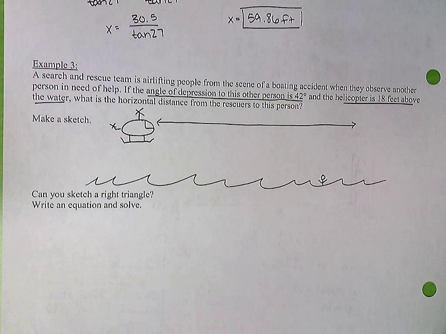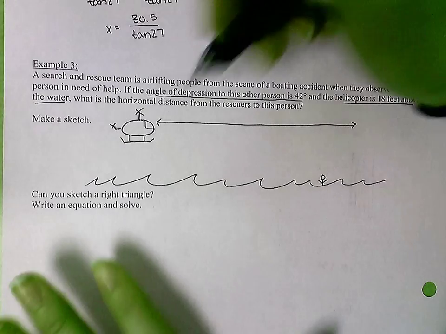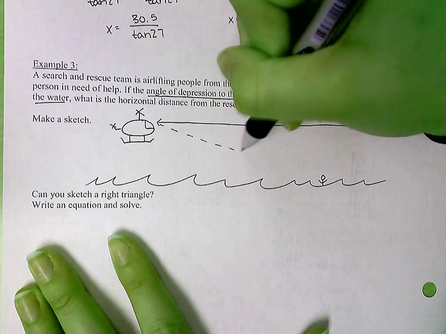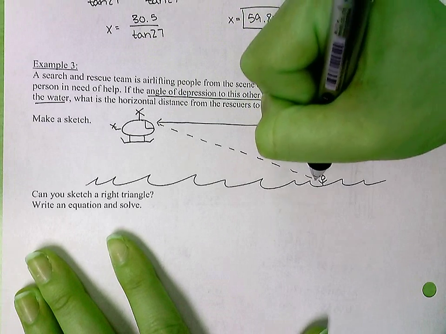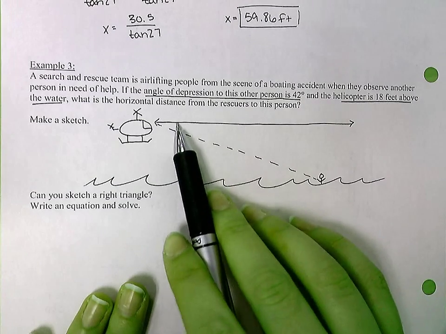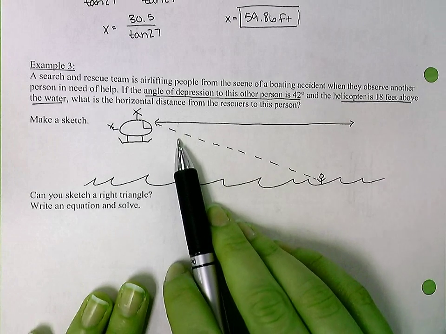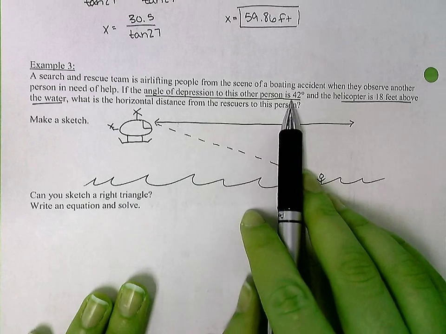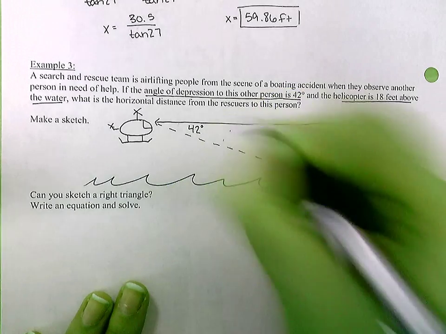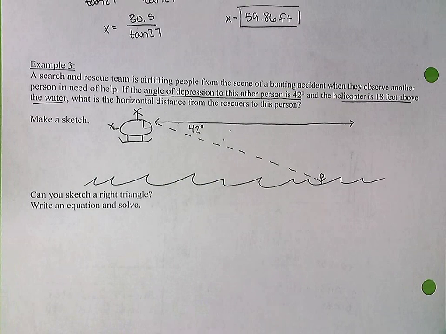Now that helicopter is looking down to this person. That angle created is your angle of depression, the angle between that horizontal and the line of sight. That angle is 42 degrees, so we can label it as 42 degrees.